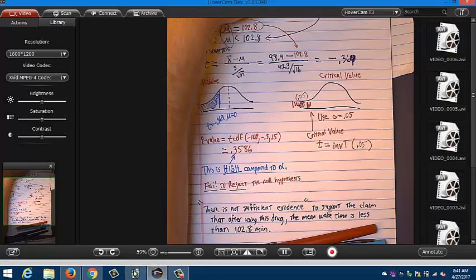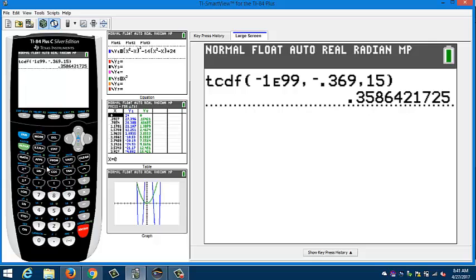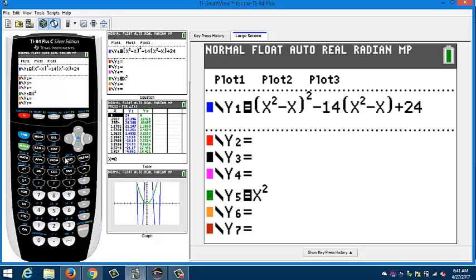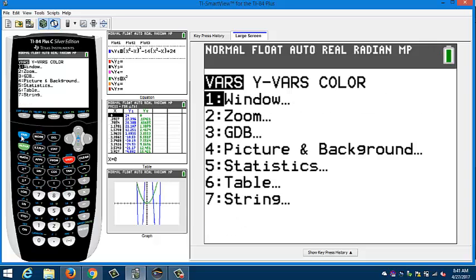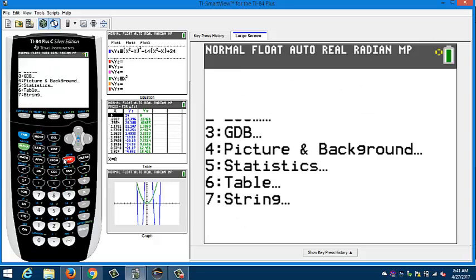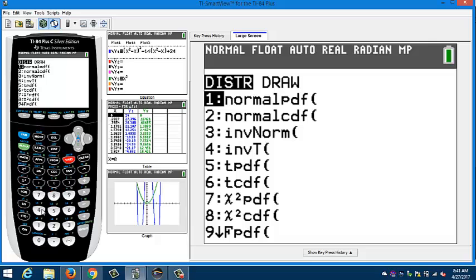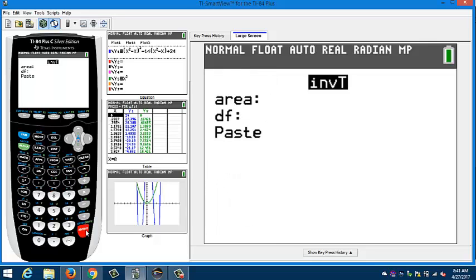Calculator. Here I go. Second distribution. That didn't work. Try again. Choice 4 is inverse t. It says, what's the area? We want 0.05.